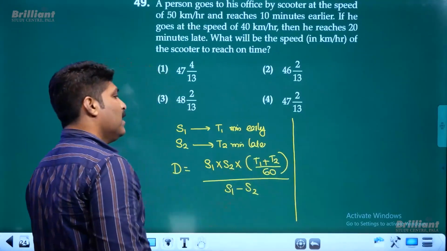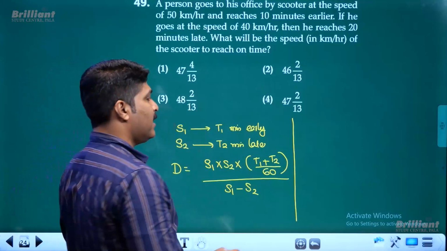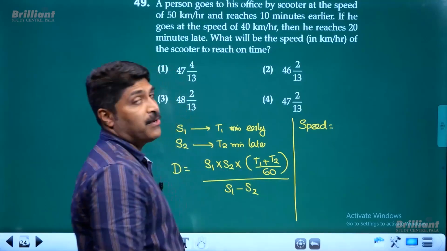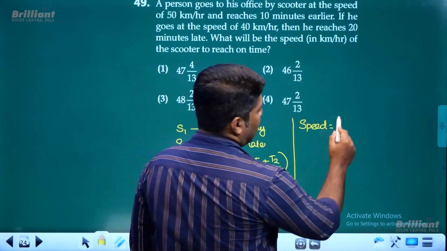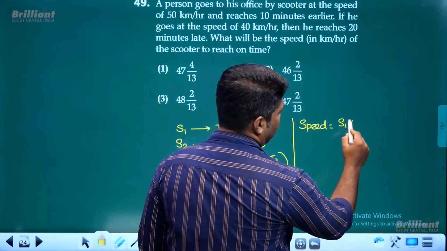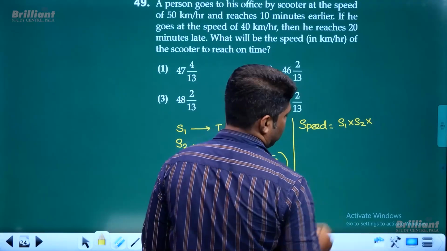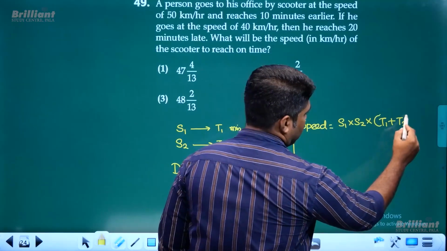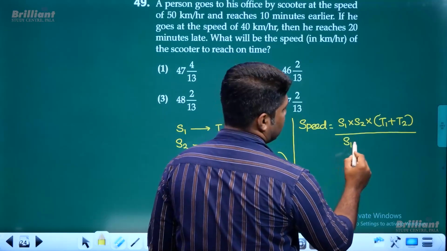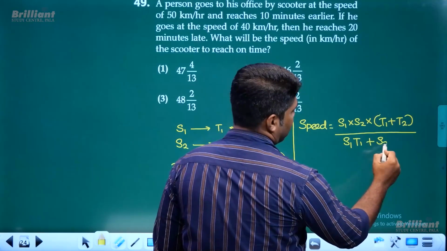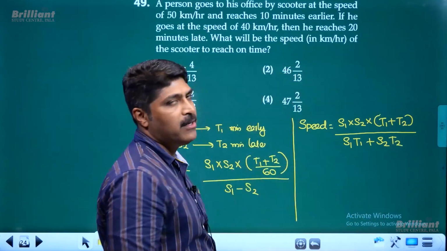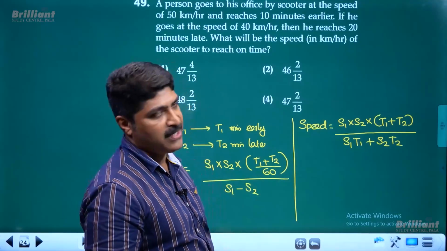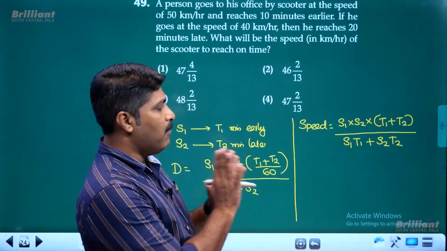Second result, if we need the speed directly, the required speed to reach on time, that is S1 into S2 into T1 plus T2, divided by S1 into T1 plus S2 into T2. This time you don't want to put the by 60, because the numerator and denominator contain T1 and T2.